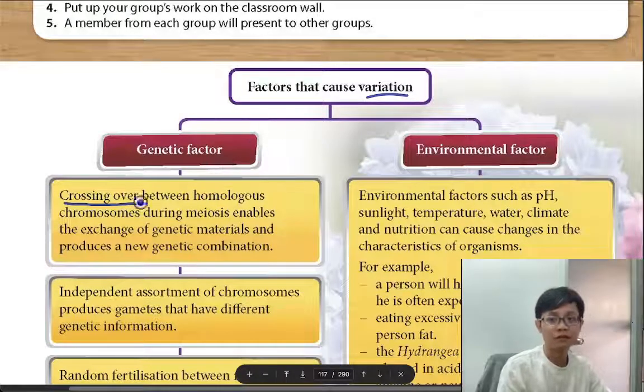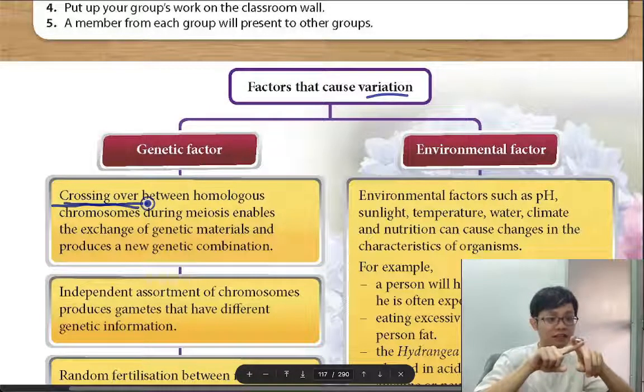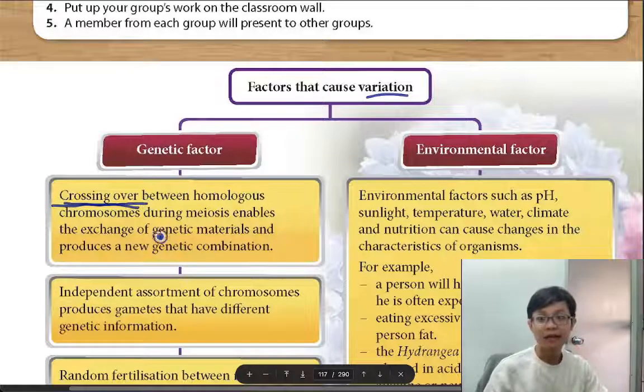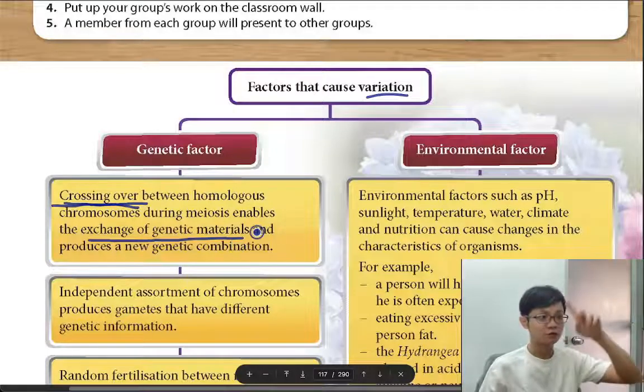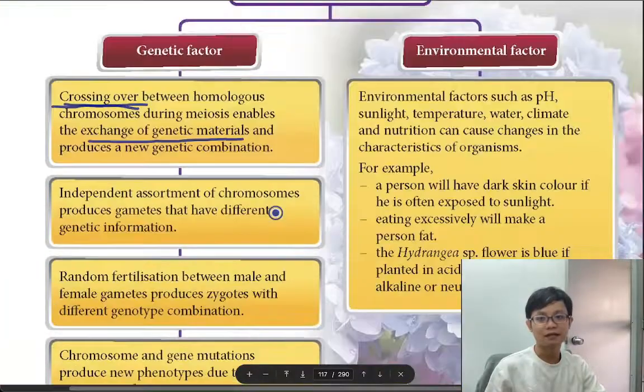If you look at meiosis, there is one process called crossing over, where the chromosomes touch one another, and this enables them to exchange genetic material.